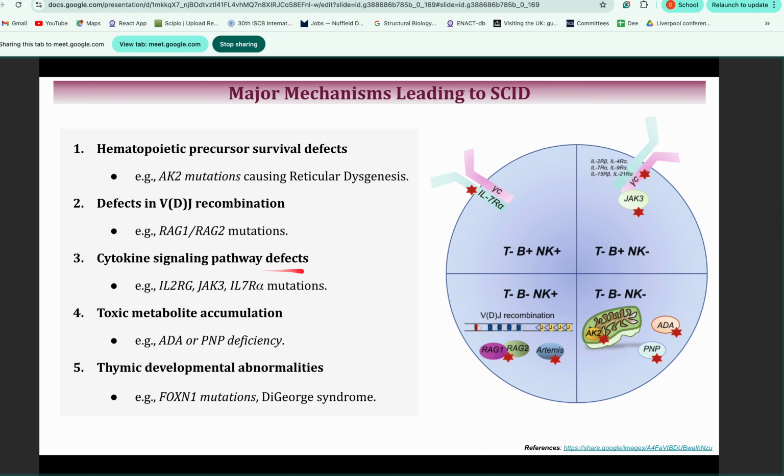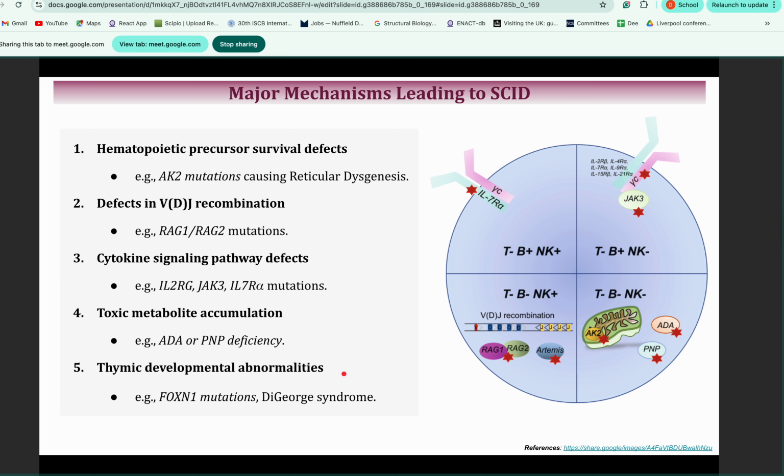Then comes cytokine signaling pathway defects. As we all know, the T cells are responsible for secreting cytokines. So if there are issues in the signaling pathway, then also SCID will be observed. And the mutations are observed in IL2RG, JAK3 and IL7R alpha. Toxic metabolite accumulation: if there is accumulation due to ADA or PNP deficiency, it can lead to SCID.